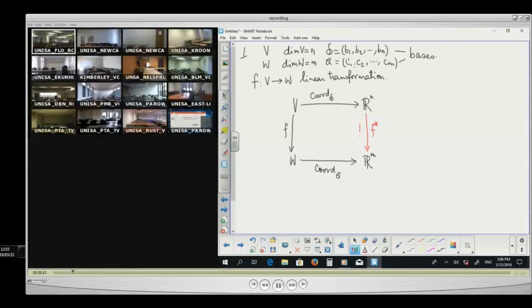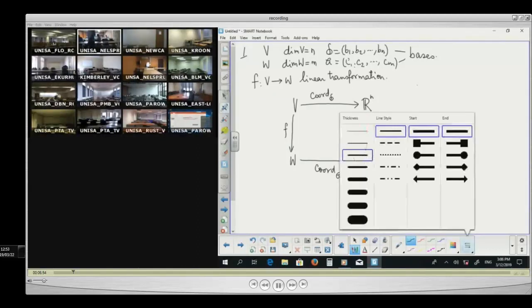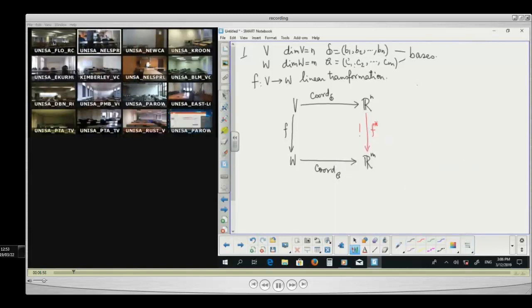Well, that was given by this. So suppose you look into this matrix.